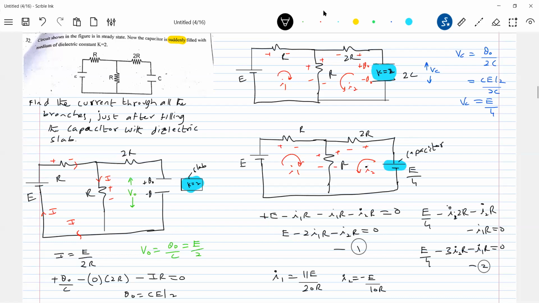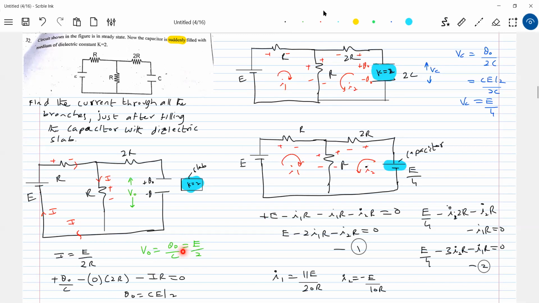So what do you expect for the charge in the capacitor? Look at the potential. It will attain steady state, no? At steady state, what should be the drop across the capacitor? E by 2. What is the drop here? E by 4. So what the cell and the circuit will do is make the capacitor attain this steady state again.